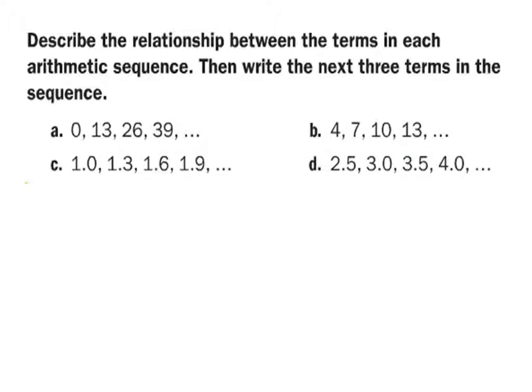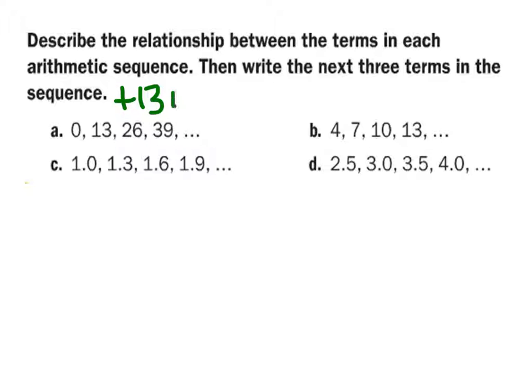So on these 4 problems, you can do the same thing. Describe the relationship and then find the next 3 terms. Okay, who will tell us the relationship in A? Mason. It's plus 13. So you add 13 each time.